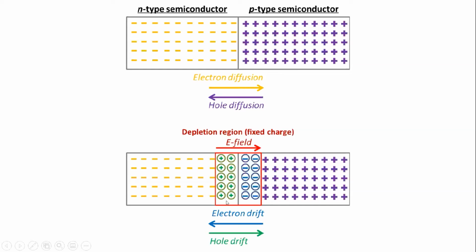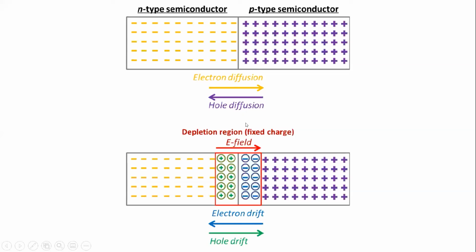So the electrons will be drifted back towards the N side. The same thing happens in the P type also. This is the P type and this is the N type. There will be immobile negative ions in the P type, and in the N type there will be phosphorus plus. So they will oppose the holes' movement towards them, so the holes will be drifted away.